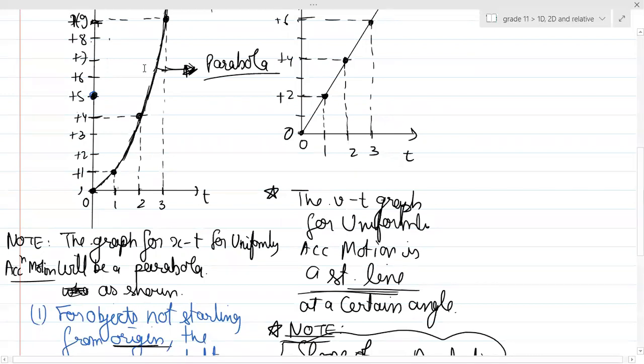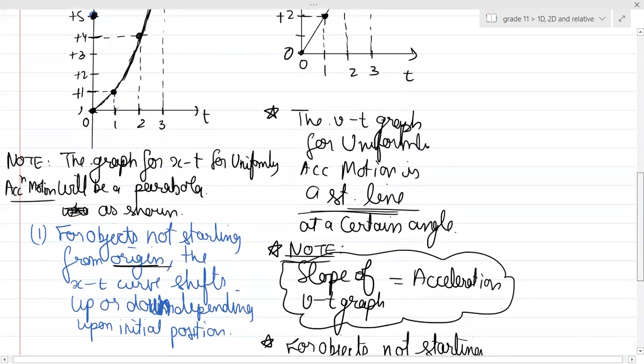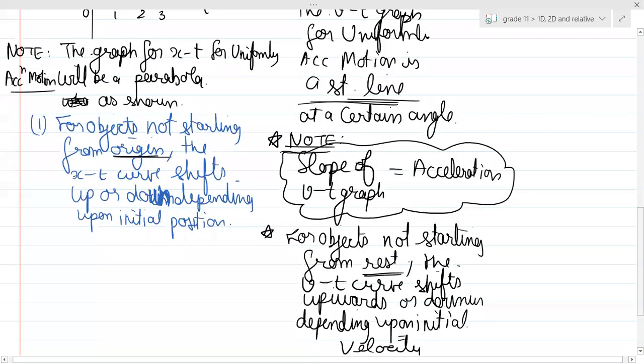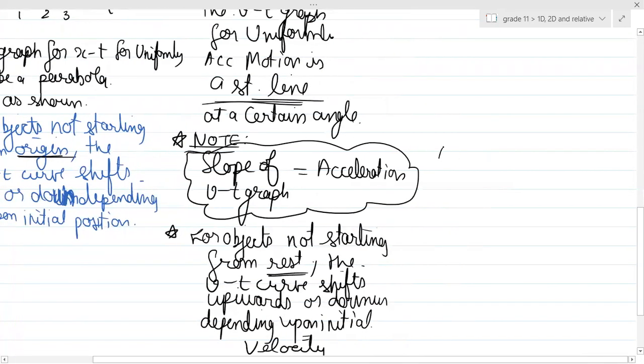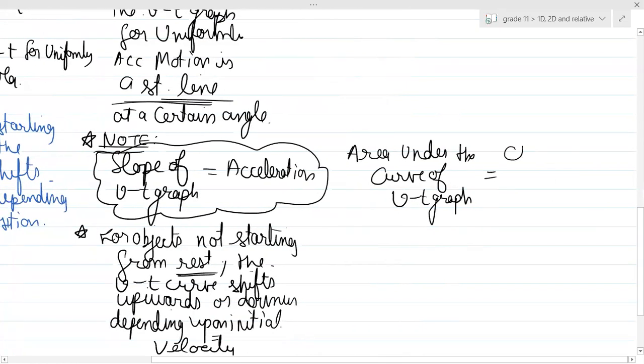Okay. So these are your points for VT graph. You can write down. Also one more point for VT graph. Can you see there are lots of points for VT graph? That's why VT graph is very important. You need to write one more point for VT graph. Slope of VT graph gives you acceleration, whereas the area under the curve of a VT graph gives you the change in position.